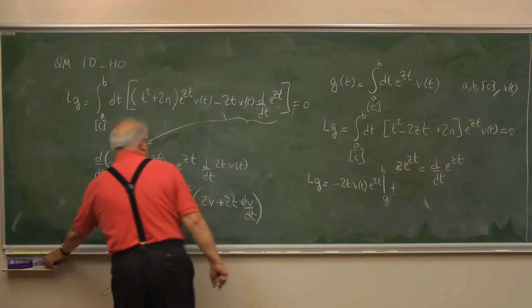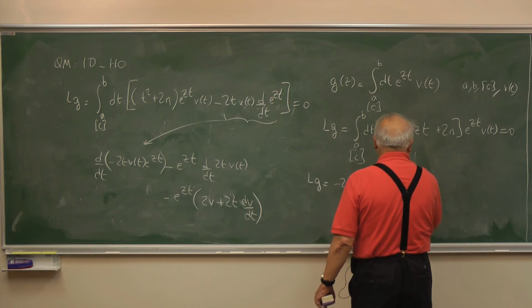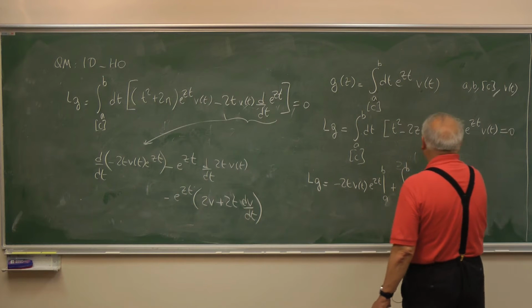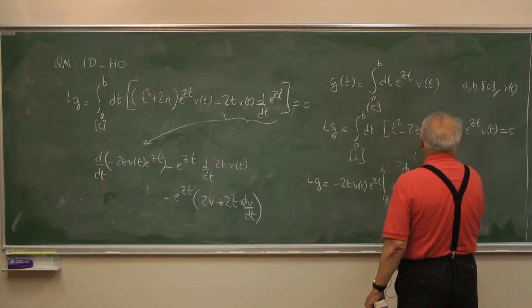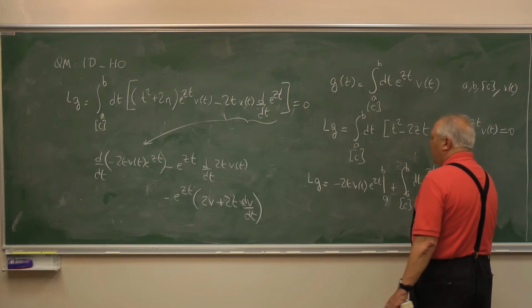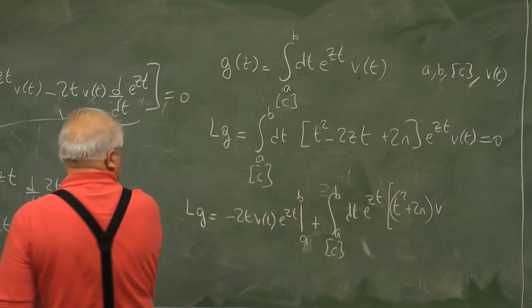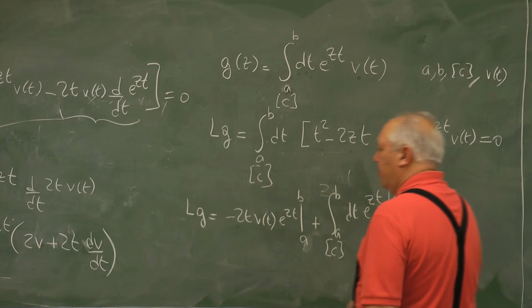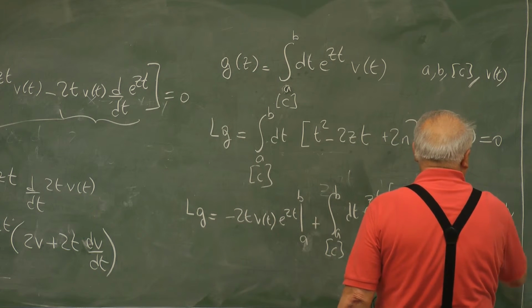Plus the integral from a to b along the path c, dt e^{zt}, times (t² + 2n) v, and the sign here was minus, so this will become plus. e^{zt} is out, plus 2v plus 2t dv/dt.